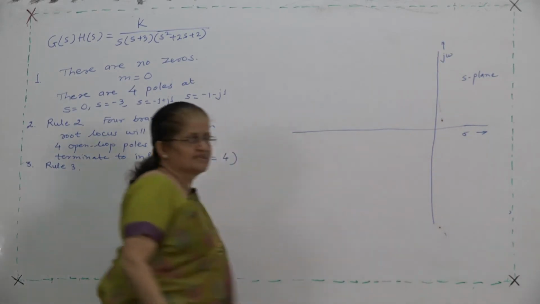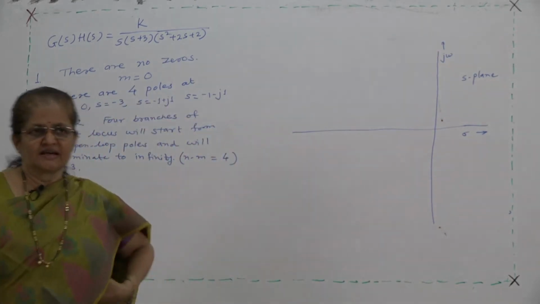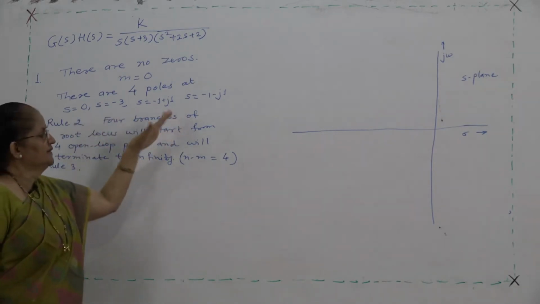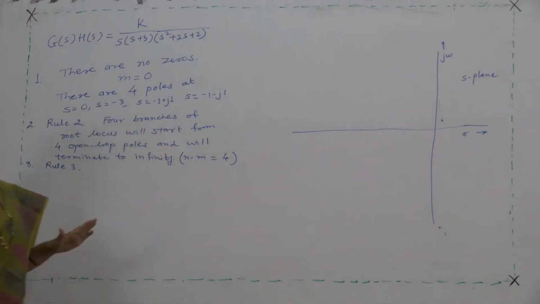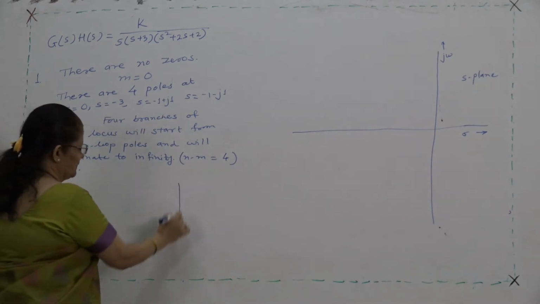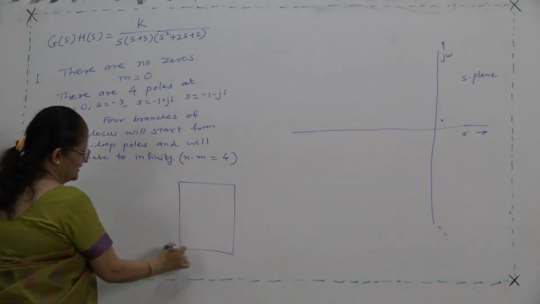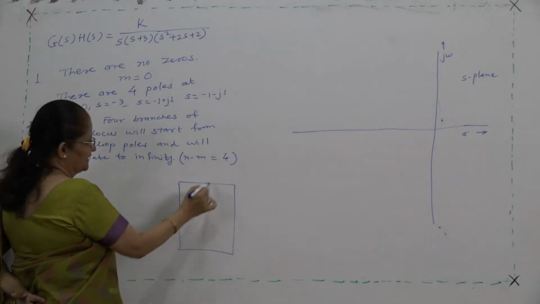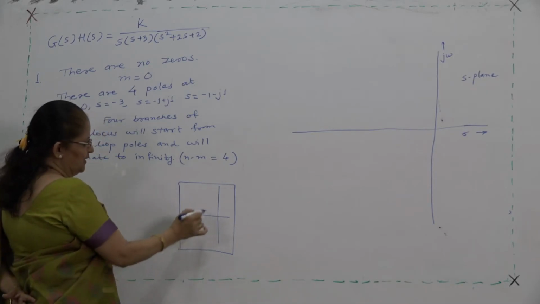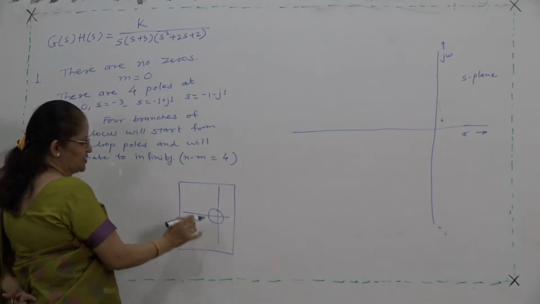Now, how to choose the scale? To choose the scale, you observe the values of the poles and select accordingly. Suppose your graph paper is like this and you draw the root locus, but it just lies in this portion.